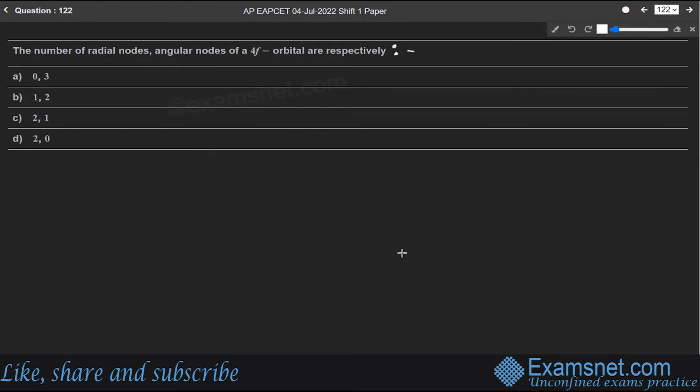A very common and very frequent question is on radial nodes. Now let me tell you, the question has already given us 4f. So let's write this for 4f. They are asking us to find the nodes. So whatever number is here, that is n, the principal quantum number.